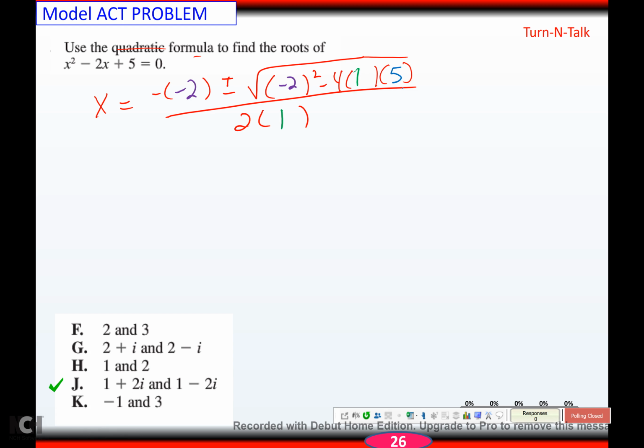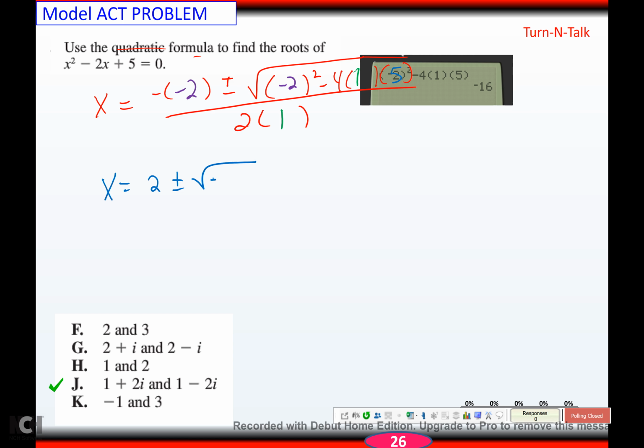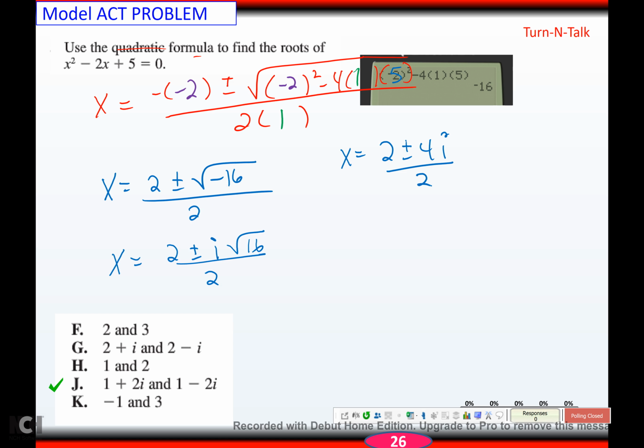Okay, so typing in underneath, I get x equals 2 plus or minus the square root of negative 16 all over 2. Well, that negative under there comes out as i. And then the square root of 16 is 4. So I have 2 plus or minus 4i all over 2.